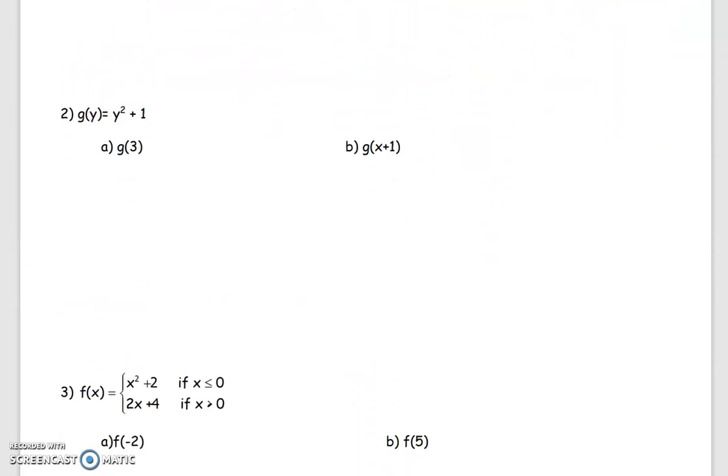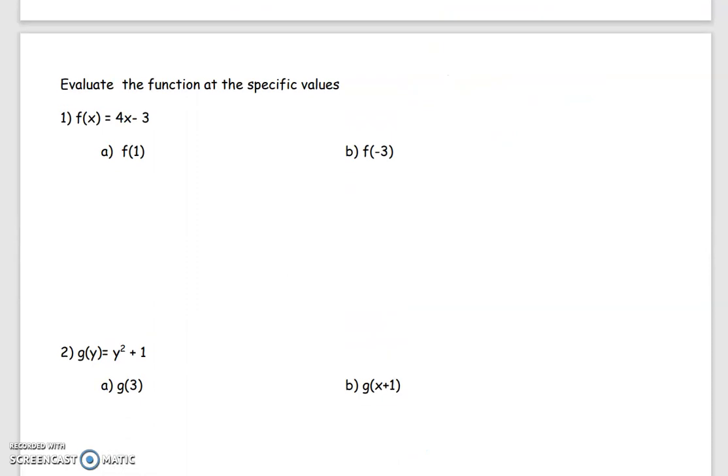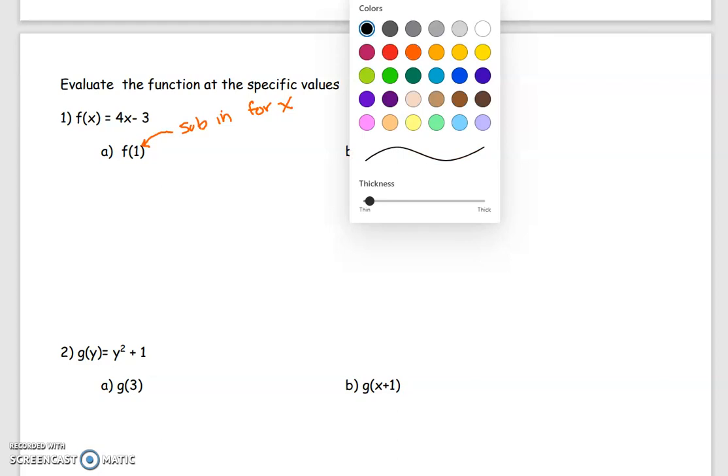Right, so now we're going to take a look at evaluating. Evaluating is plugging the number that's inside there, we're going to sub that in for x into our function up here. Okay, so it's going to look like this.